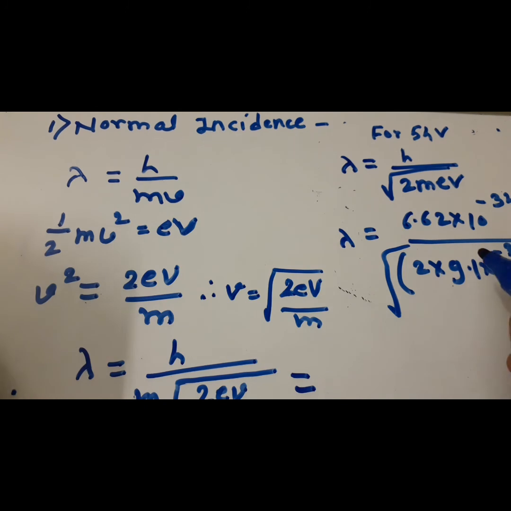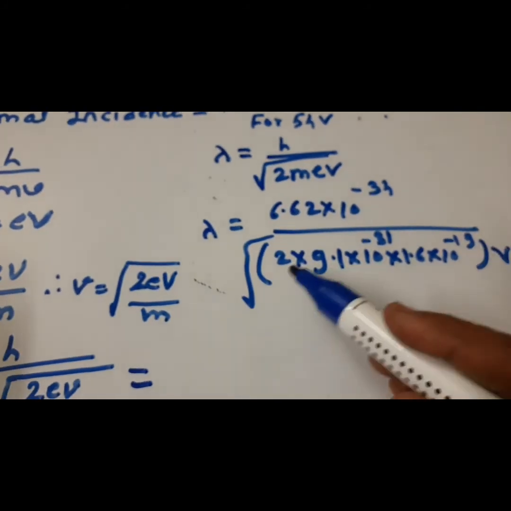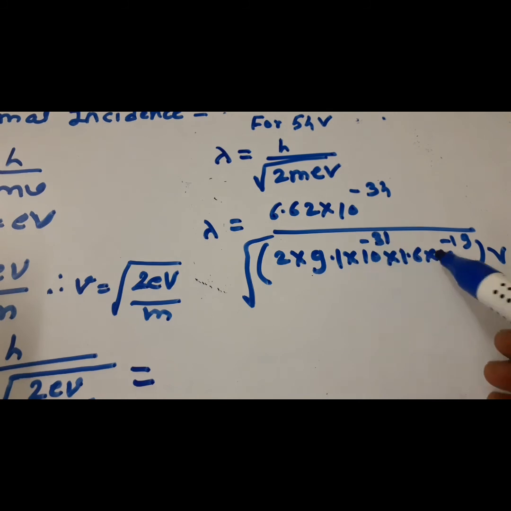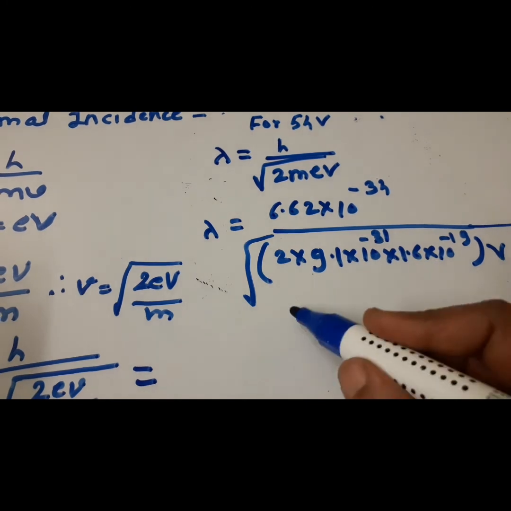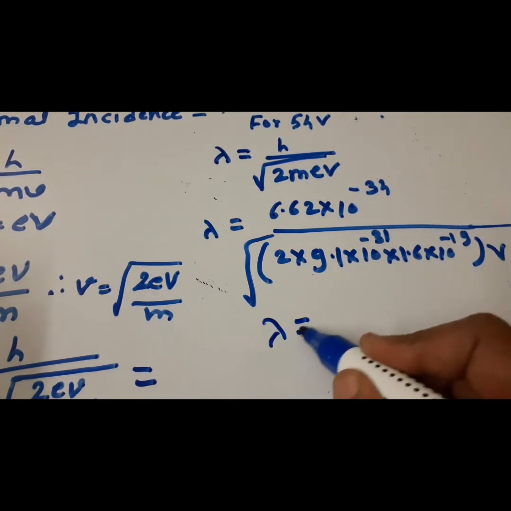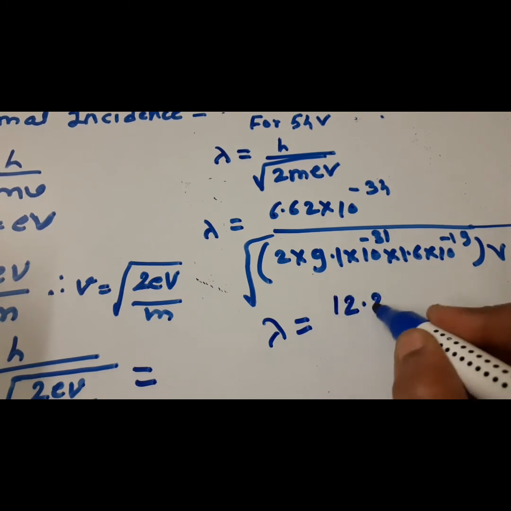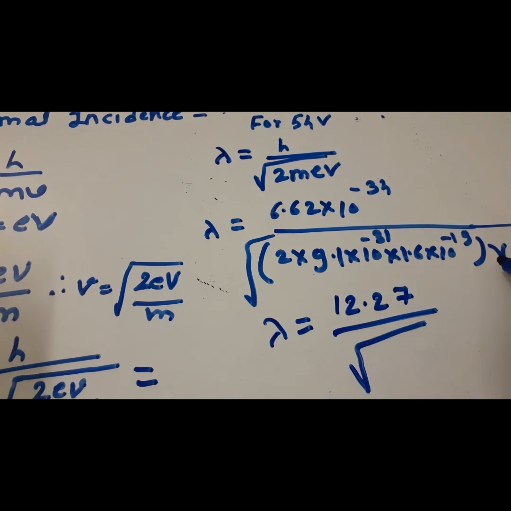Now, after solving this, 6.62 into 10 to the power minus 34 divided by under root of 2 into 9.1 into 10 to the power minus 31 into 1.6 into 10 to the power minus 19 into V, we will get lambda is equal to how much? 12.27 divided by under root of V. What is the value of V?